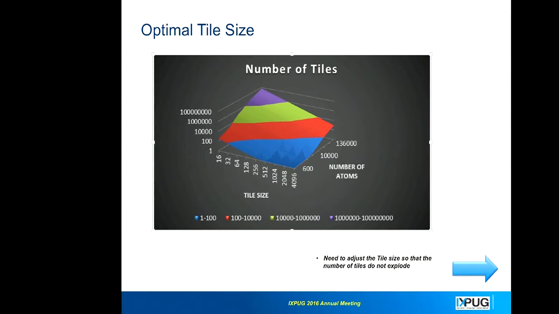So we had to have a balance. One tile size would not fit all workload sizes, so we had to come up with an equation to find the optimal one. Though it was working well for 25,000 atoms, as soon as you increase it, the sheer number of tiles was creating a problem.